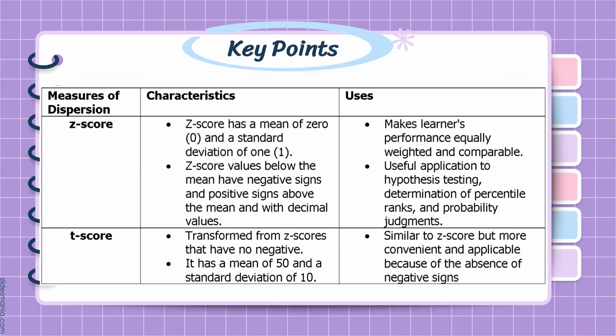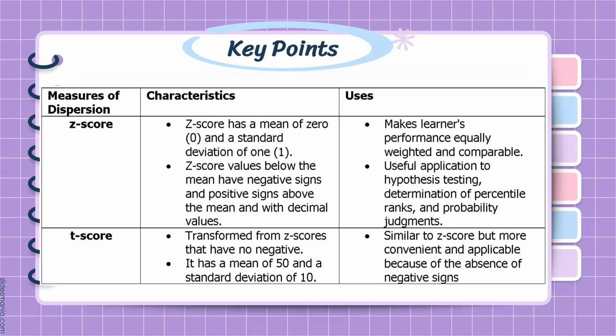We have here the following characteristics and uses of z-score and t-score. Z-score has a mean of 0 and a standard deviation of 1. Z-score values below the mean have negative signs, while positive signs are above the mean, with decimal values.